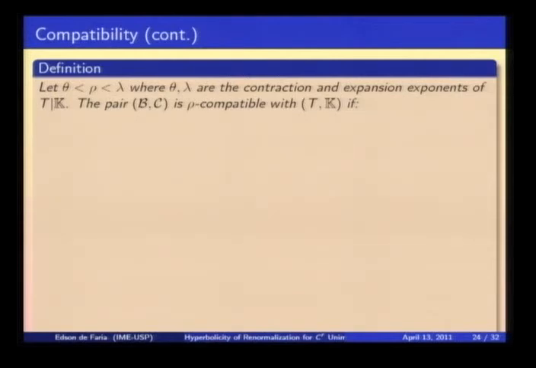So take any constant between those two numbers. You say that this pair B, C is rho compatible with T if the following things happen. First, the inclusions that I told you about should be compact operators, not just bounded, but compact. They should map bounded sets into relatively compact sets. And it's sort of amazing, if you come to think about it, that such compact operators can have dense images.